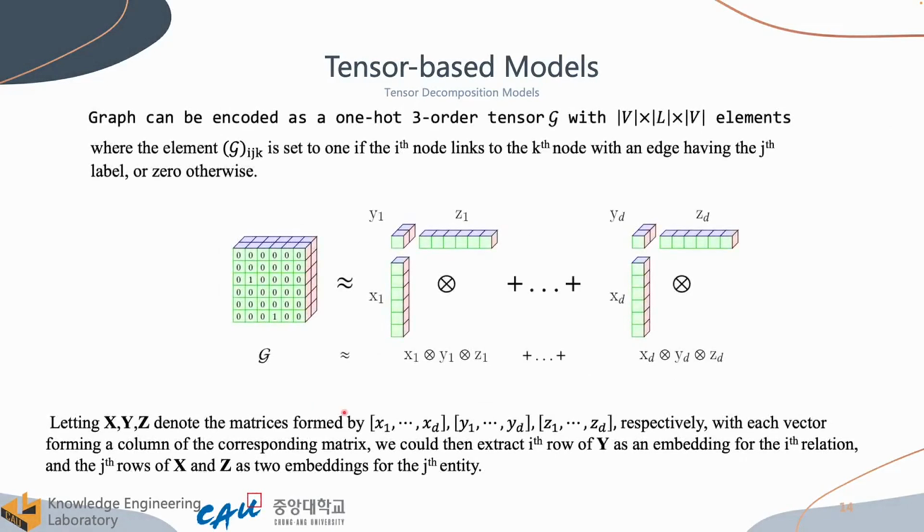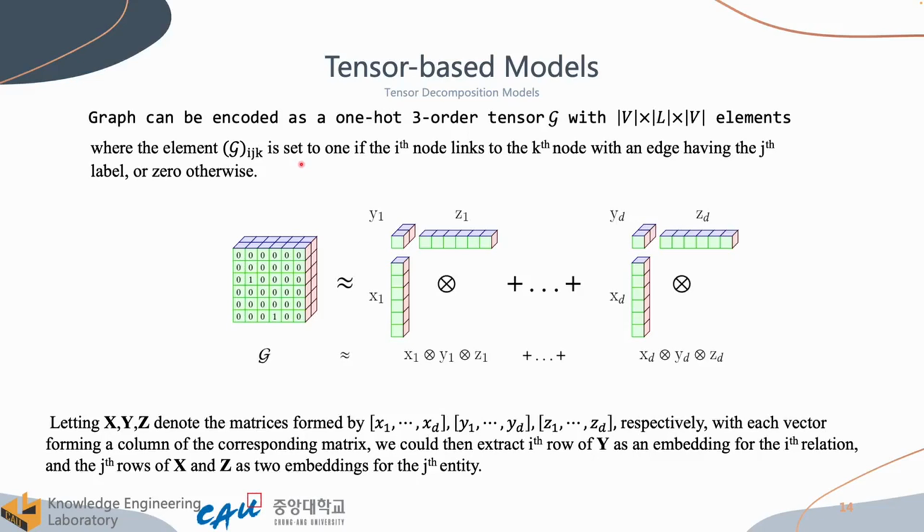And let's take it to the graph. A graph can be encoded as a one-hot three-order tensor G with three elements, where the element Gijk is set to 1 if the ith node is linked to the kth node with the edge having the jth label, or 0 otherwise.